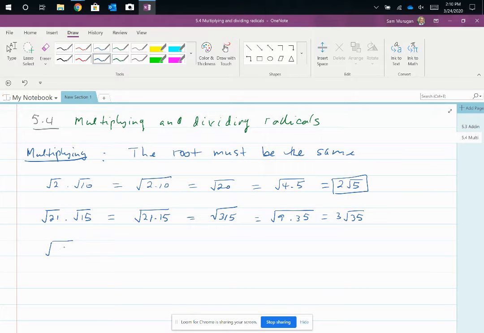The square root of 50 x to the 10th power times square root of 10x to the 7th power. So multiplying, we have 50 times 10 times x to the 10th power times x to the 7th power.